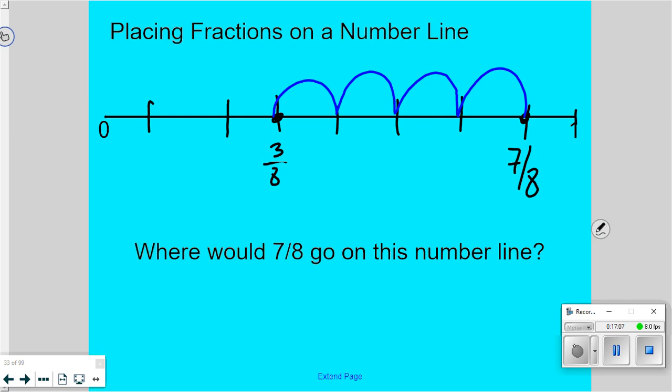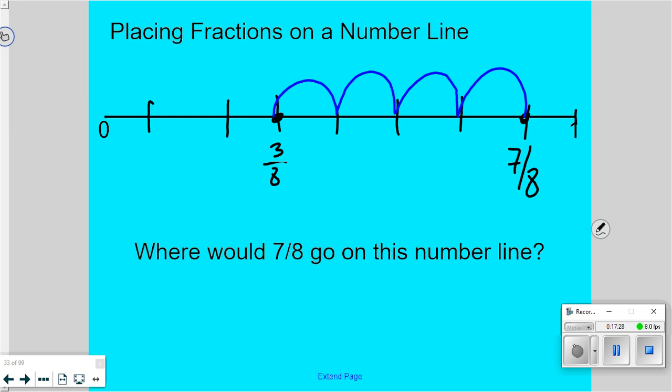Evelyn? What are you noticing? It took us 4 eighths to get from 3 eighths to 7 eighths, and when we're counting whole numbers, 3 plus 4 would equal 7, as long as we're counting the same thing, right?